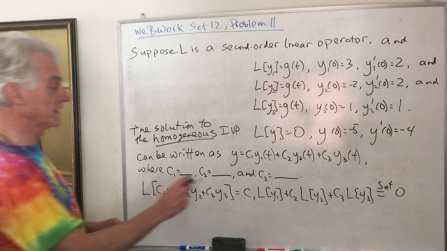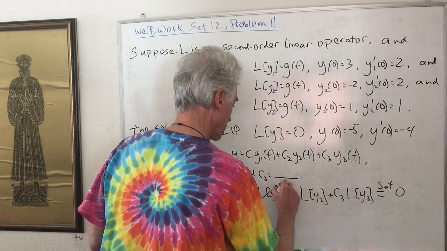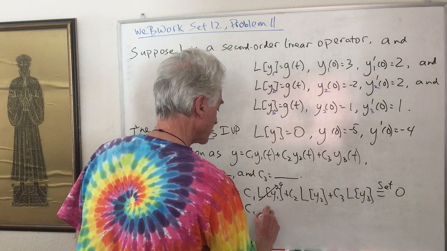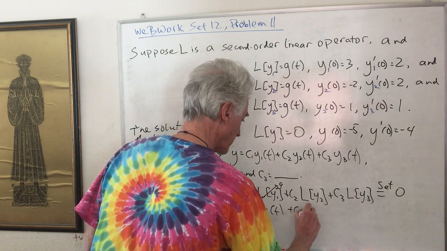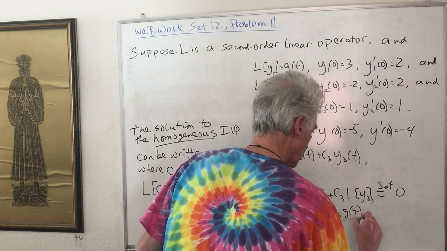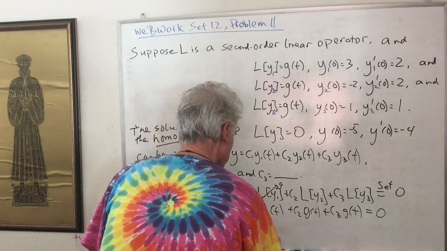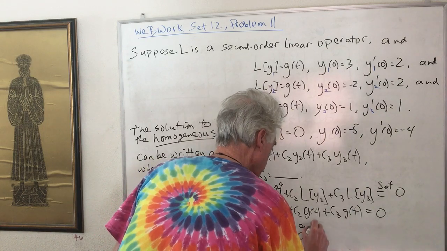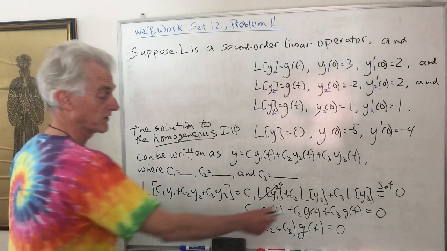Right? But what is L of y1? Oh, it's g of t. That's g of t, g of t. So what it really means is that c1g of t plus c2g of t plus c3g of t equals 0 for all t. Or that c1 plus c2 plus c3, all times g of t, is 0 when I factor out the g.